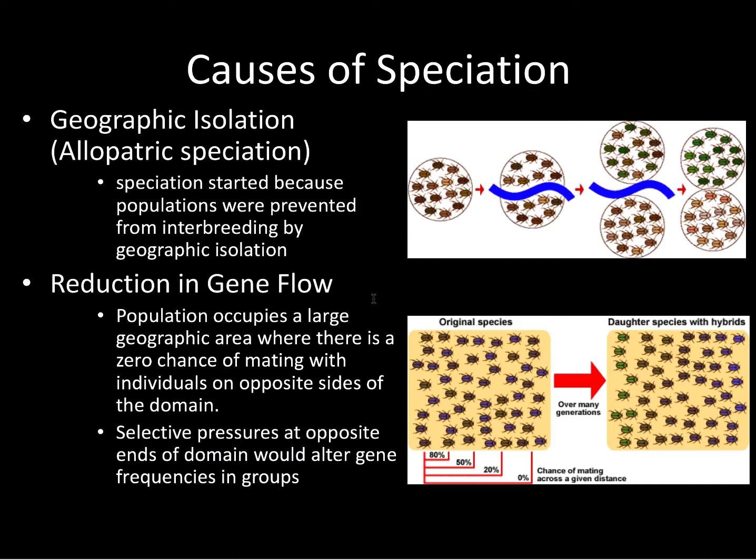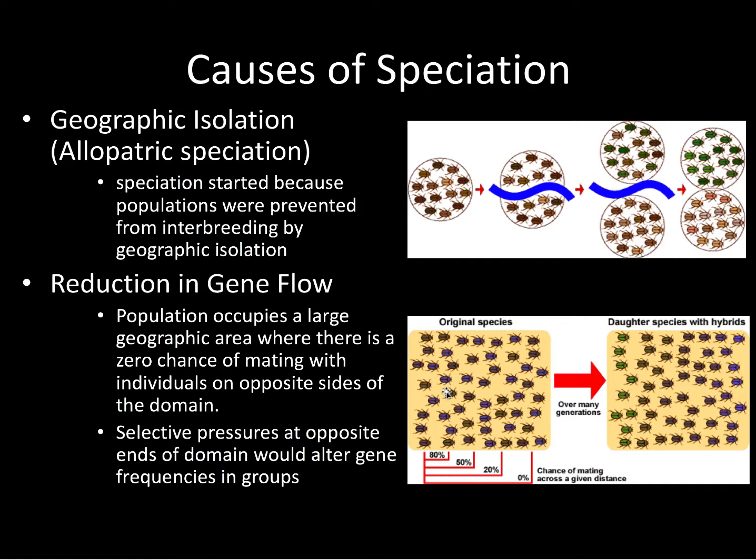Or we can get a reduction in gene flow. Remember, it's all about the gene flow. Here we have a huge species covering a huge area, like let's say the entire continent of North America. It's very difficult for members of the species on the west side of the continent to breed with that same species on the east side. Even though there may not be a barrier, they're isolated from each other and have basically zero chance of mating.